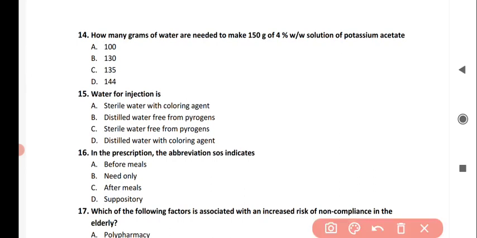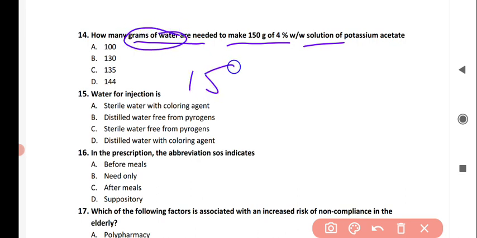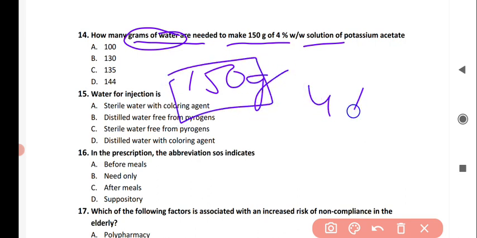The next question is, how many grams of water are needed to make 150 grams of 4% weight by weight solution of potassium acetate? So we have to find the grams of water. How much do we have to make in total? In total we have to make 150 grams, in which 4% weight by weight is potassium acetate, and we have to find the grams of water.